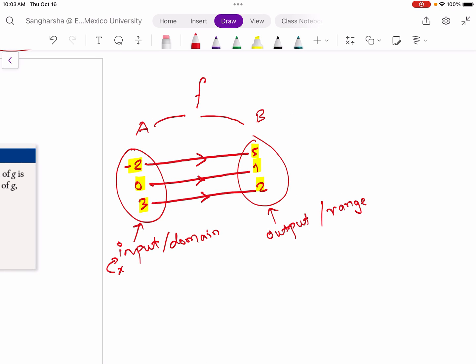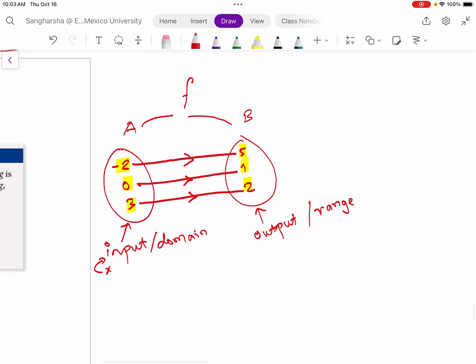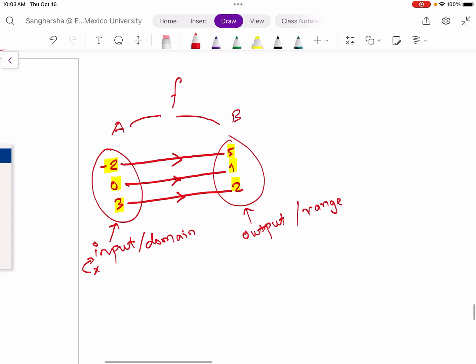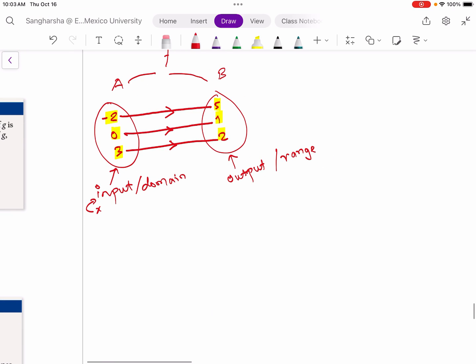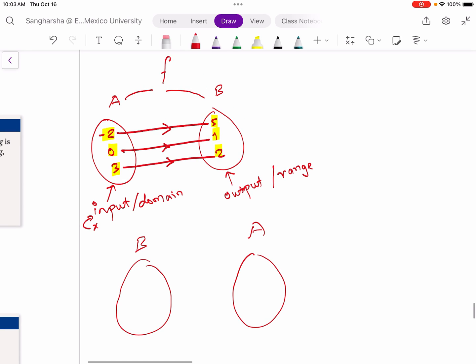Now let's define a new function, and in this new function we will switch our input and output. So we take set B here, and set A here. Set B has 5, 1, 2, set A has -2, 0, 3. 5 corresponds with -2, 1 corresponds with 0, 2 corresponds with 3.